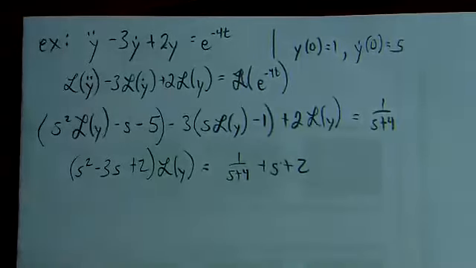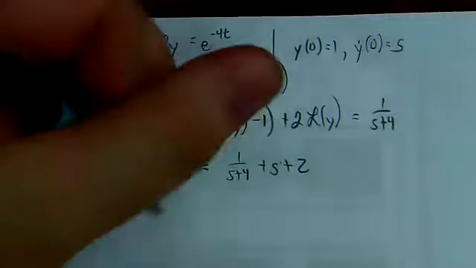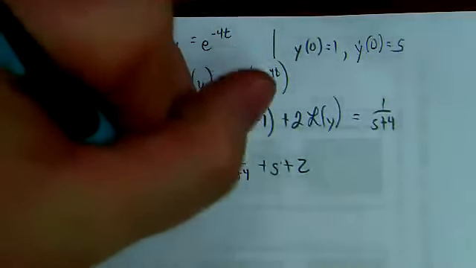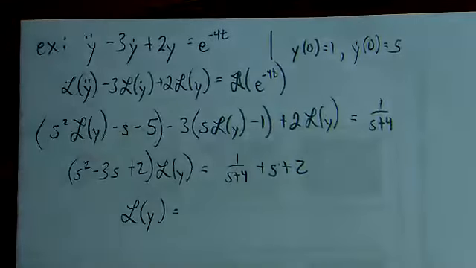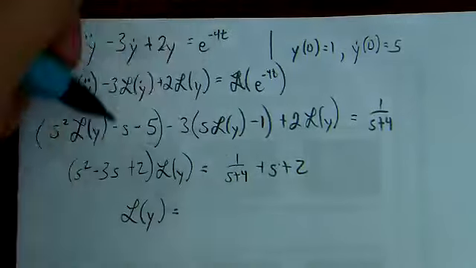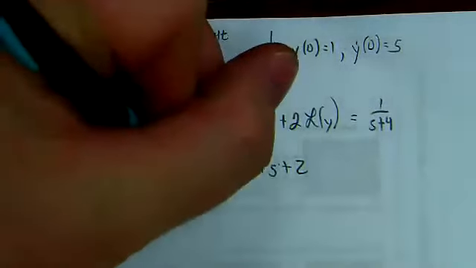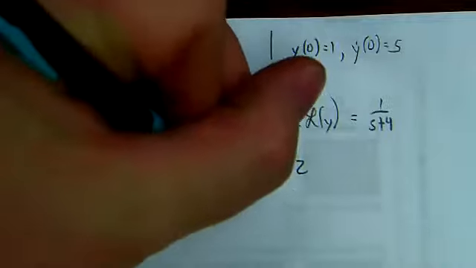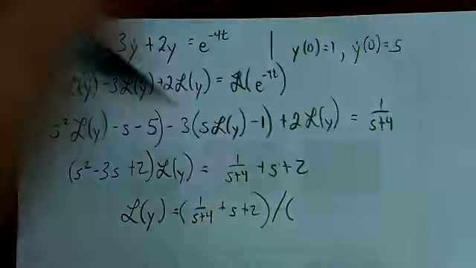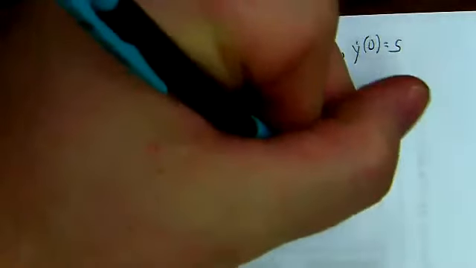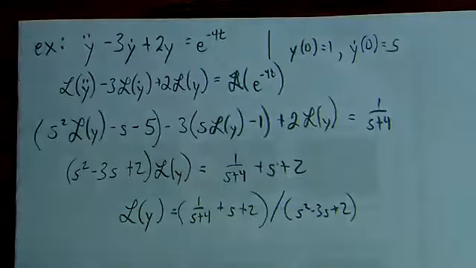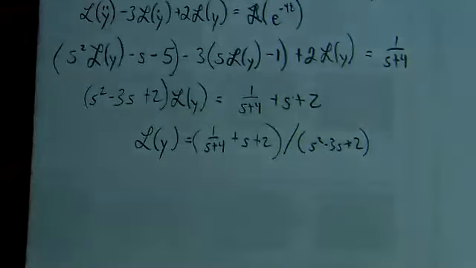Dividing both sides by s squared minus 3s plus 2, I get that the Laplace transform of y, the solution to this differential equation, is 1 over s plus 4 plus s plus 2 divided by s squared minus 3s plus 2. And this is perhaps the least helpful way to write this.